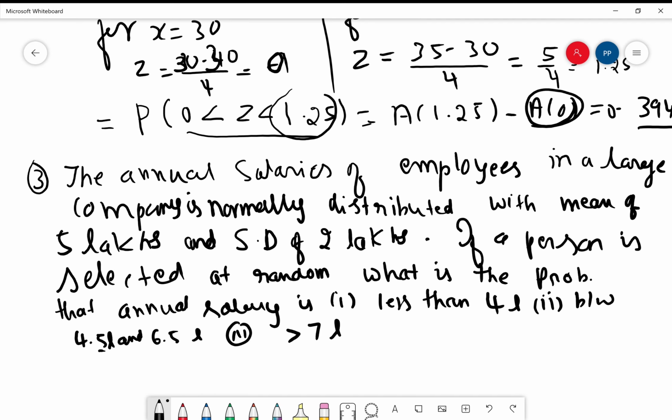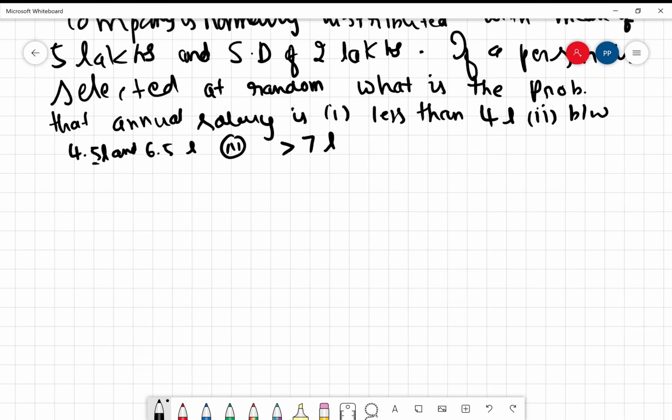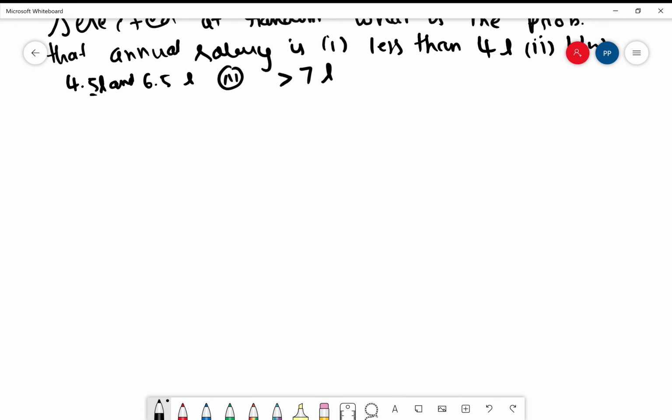Okay, this is an application problem where the normal variable is nothing but the annual salary of employees in a large company. Here it's given that the mean salary mu equals 5 lakhs and the standard deviation equals 2 lakhs.